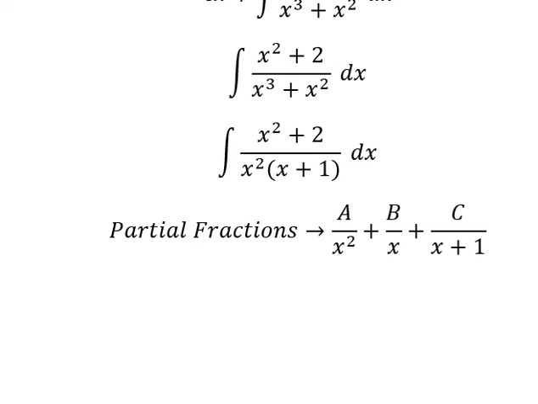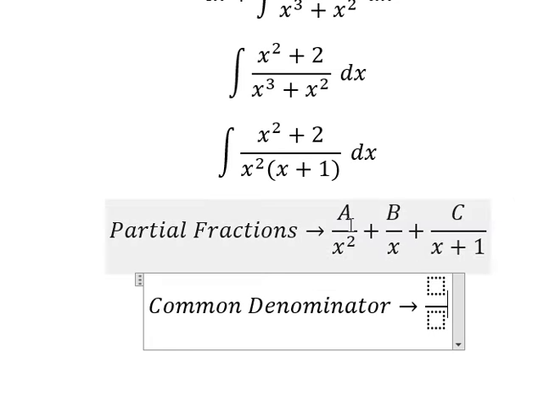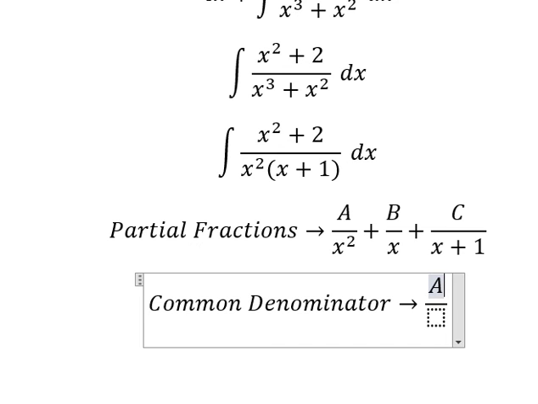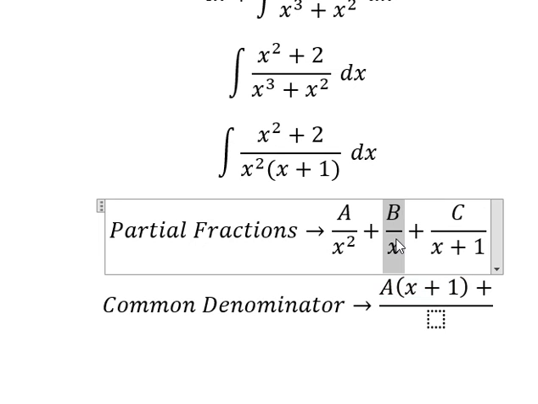Next, we do common denominator. About this one, it is missing x plus 1. So capital A multiplied by x plus 1. About this one, it is missing x and x plus 1.